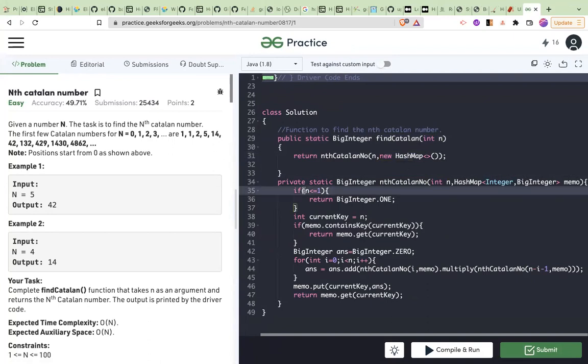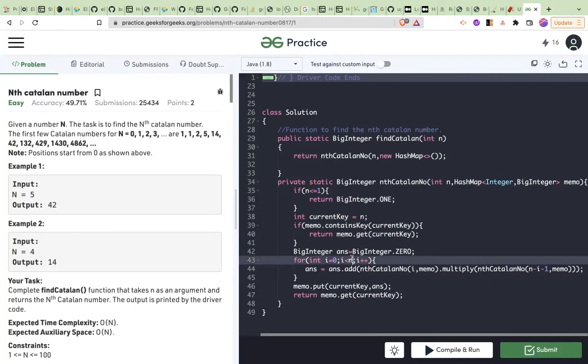Now we know the base case: for n equals 0 and n equals 1, it is always 1, so we return 1. Now see the loop: for i equals 0, i less than n. If n is 2, it will have 0 and 1. If n is 3, it will go 0, 1, 2, and so on. We are doing that many iterations, less than n, because we are starting from 0.